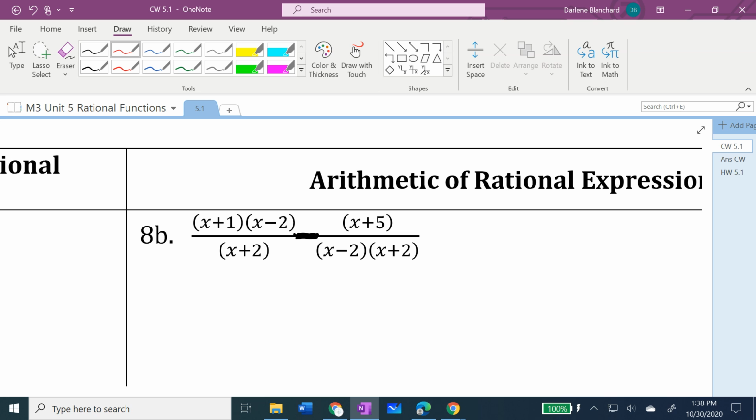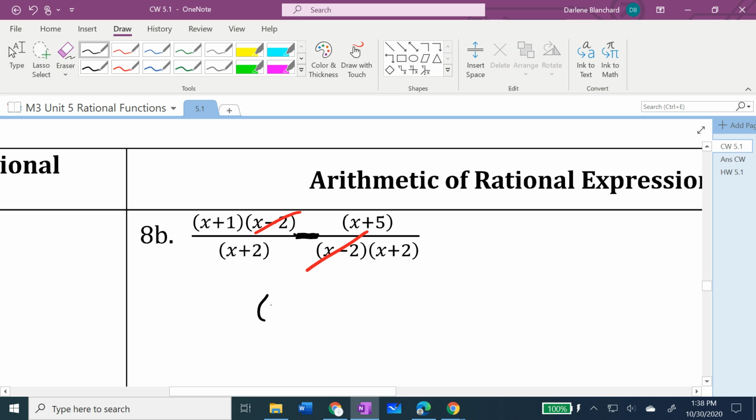So I've got die, die. Perfect for Halloween. Now, nothing else cancels, does it? So that's as much as I can do.